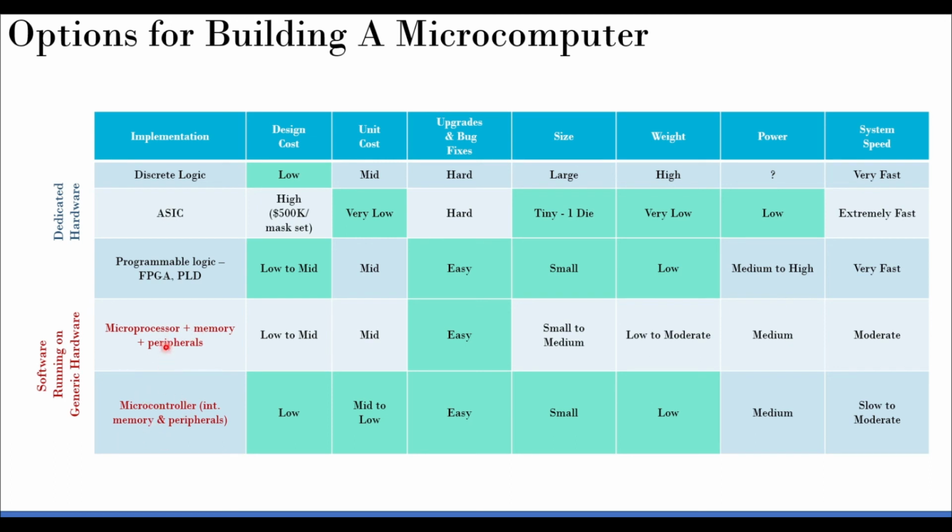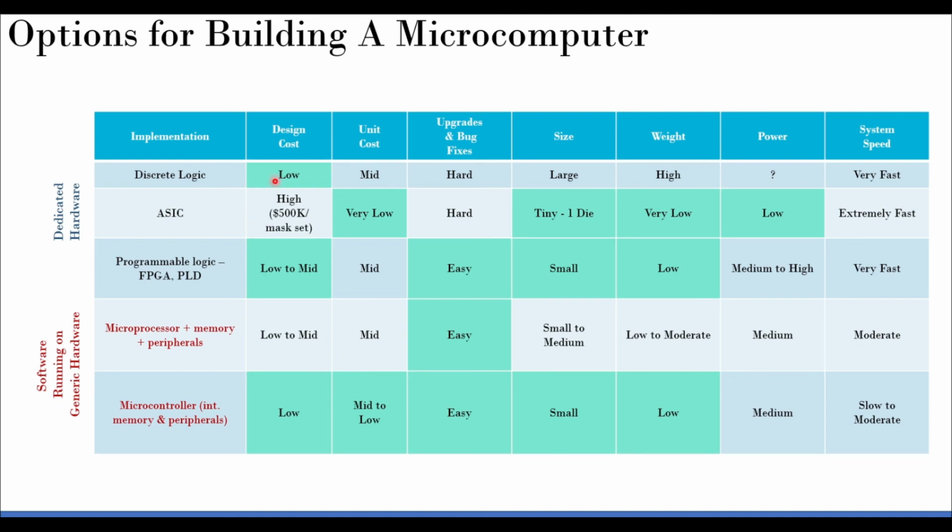Those two systems, which we discussed in the first few slides in this class: the design cost is low or low to mid, unit cost is also not much, upgrades and fixes are very easy, which you should be able to understand by now. Size, small to medium. Weight is also low, power is medium. And system speed is not as high as a dedicated circuit, but it is reasonable.